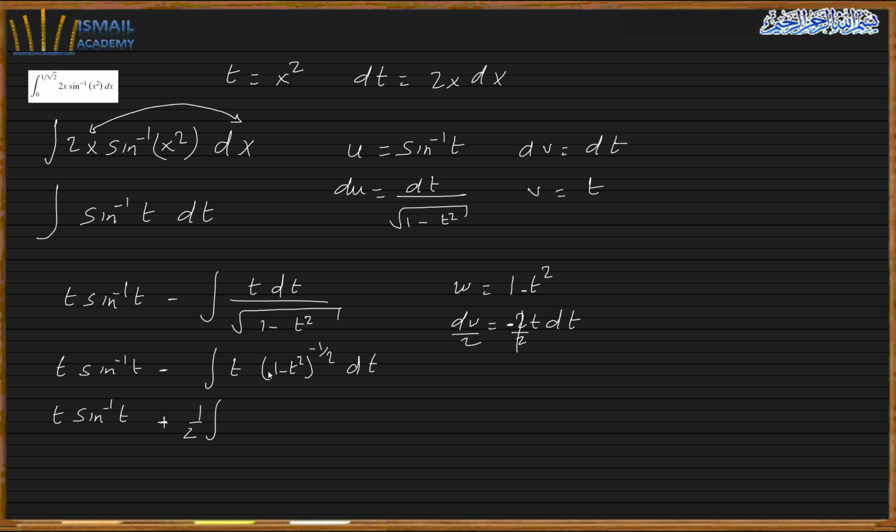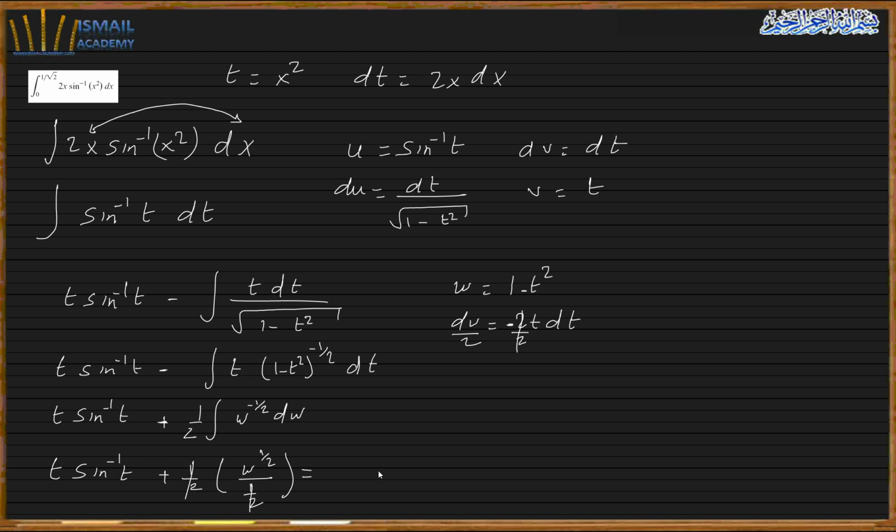So here it becomes w to the minus half dw, and we just need to add 1 divided by 1 minus half, which is going to be just 2, so it's going to be t sine inverse of t plus half times w to the half over half plus the c, but I don't need the c here because I'm going to use the boundary after I substitute back. So this will cancel out.